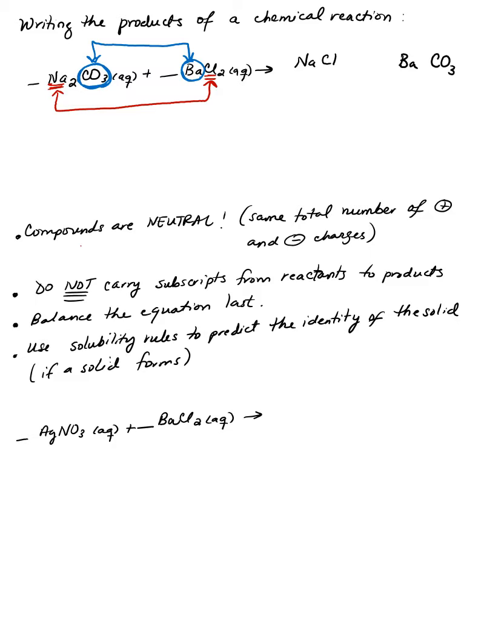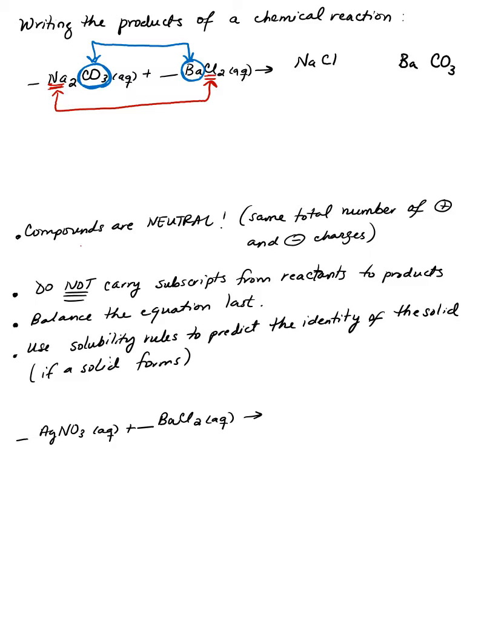The sodium has a +1. For your compound between sodium and carbonate to be neutral, you need to have the same number of positive and negative charges. If the carbonate ion is -2, for you to cancel 2 negative charges, you need 2 positive charges.